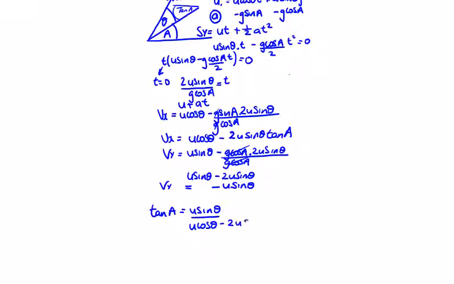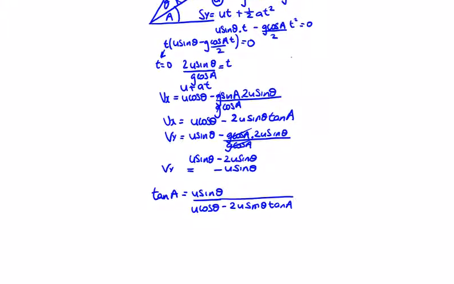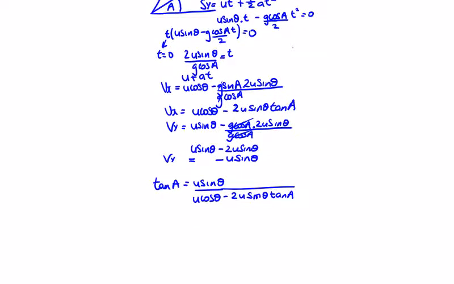We should probably cross multiply it and then see what we can do to simplify it. So u cos theta tan alpha minus 2u sine theta tan squared alpha equals u sine theta.